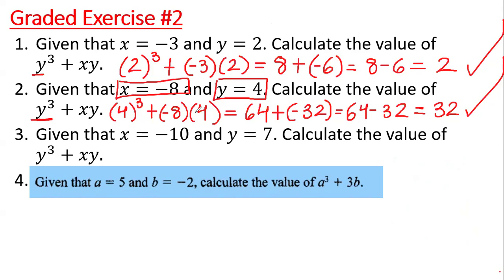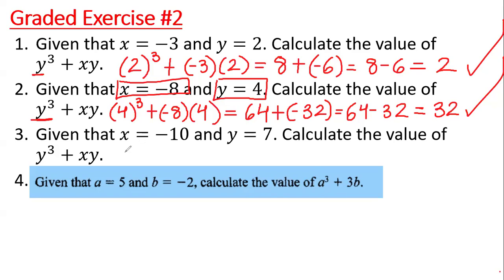What do you have for number 3? Did you answer it yet? No, sir. Okay, so let's do it.